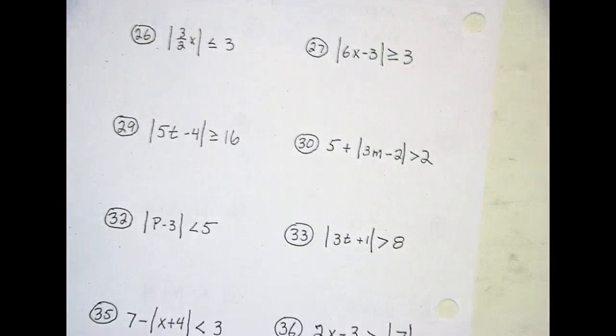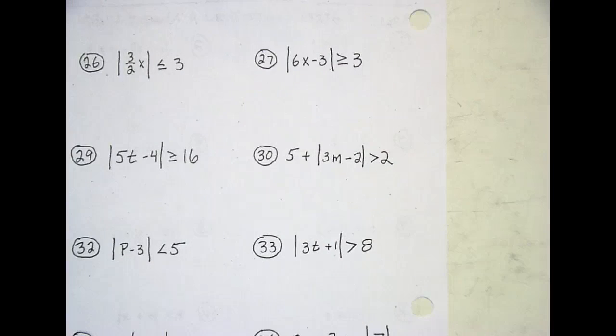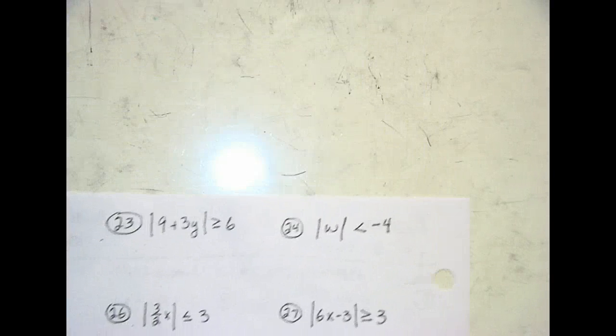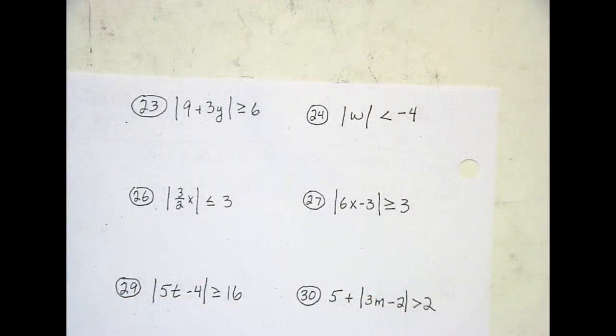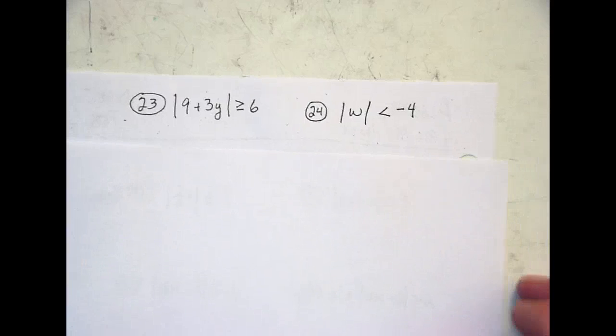Here we go. Okay, so in the back, problem number 24. Take a look at that one. Problem number 24 is the absolute value of W is less than -4. All right.